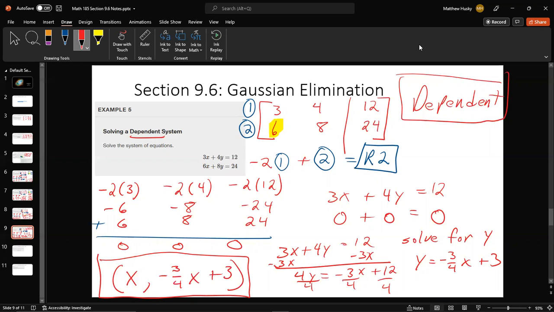And since we have no way of knowing any particular value of x to begin with, it's as I say, it depends on whatever x is. And we don't have just one specific value of x that we can use because there's not just one right answer. Any point on this line would be a solution.